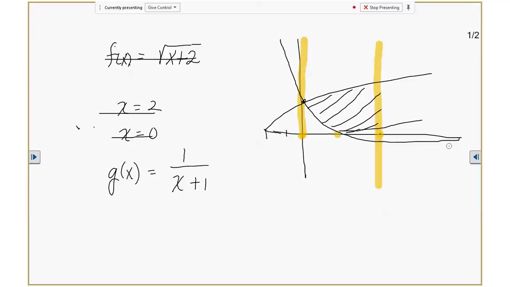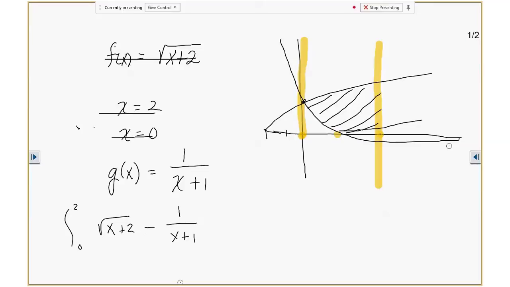Since it is a minus symbol, you can break it up into what? So you've got the integral from 0 to 2 of the square root of x plus 2 minus 1 over x plus 1.